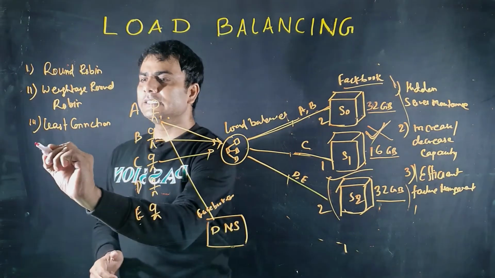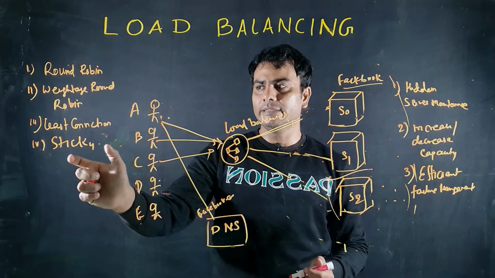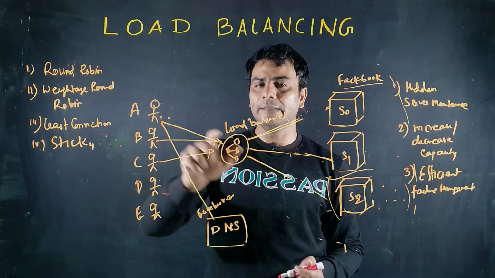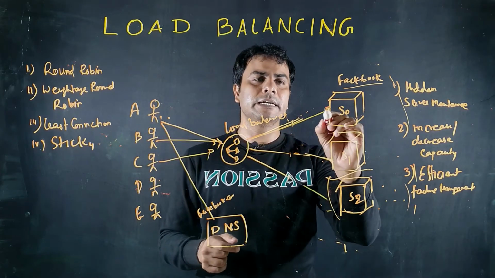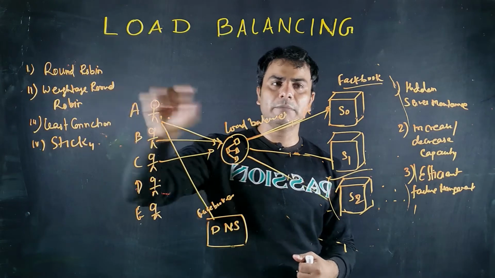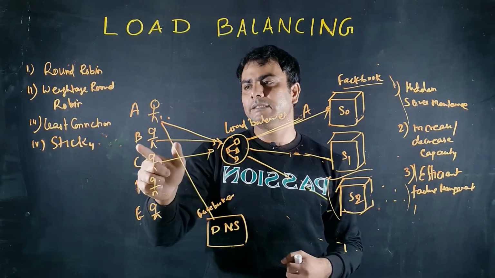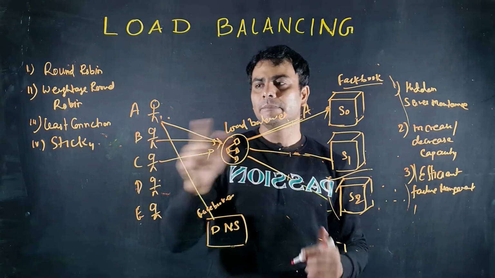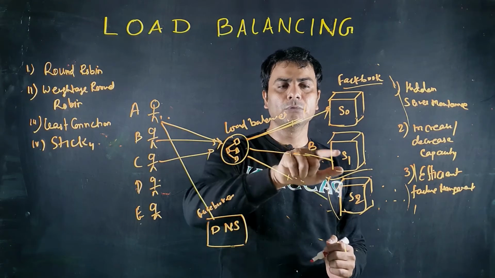The fourth one is the sticky load balancer. In the case of a sticky load balancer, it will resolve the IP address of the server for particular users. If the first request is redirected to S0, all the subsequent requests from A will be redirected to S0. Similarly, if the load balancer identified this server for the B request, then all the subsequent requests from B will go to S1.